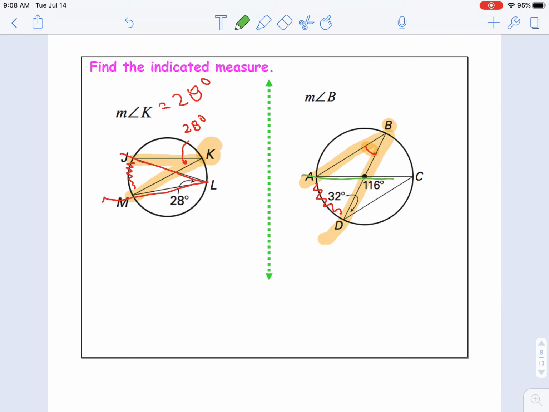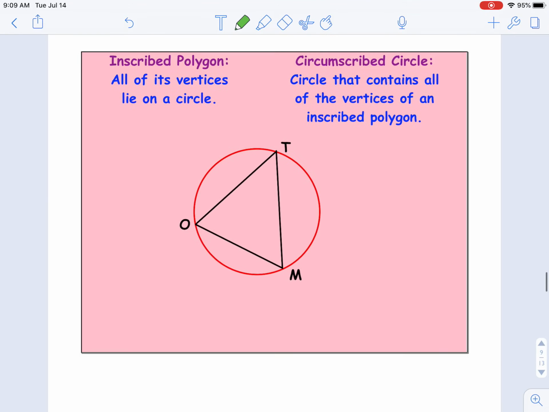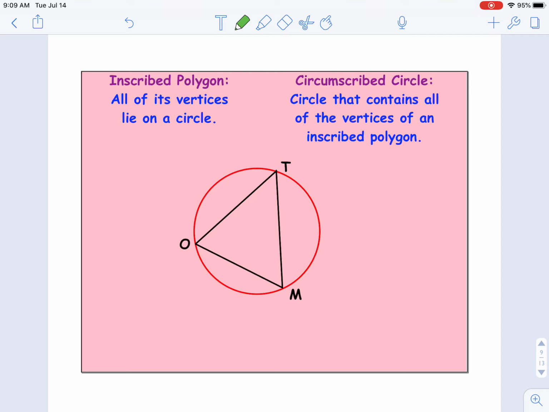But we also know that this inscribed angle right here is intercepting that same arc. So if we could find the measure of angle C, then we can find the measure of angle B. Well, again, these are radii. I don't even have to do the triangle sum theorem. I know that this is going to be 32 degrees, so the measure of angle B is also going to be 32 degrees.